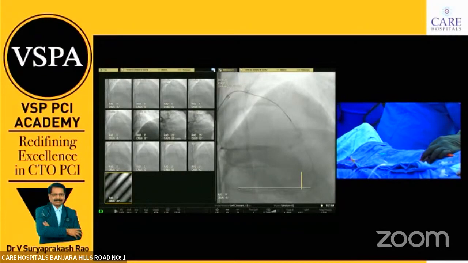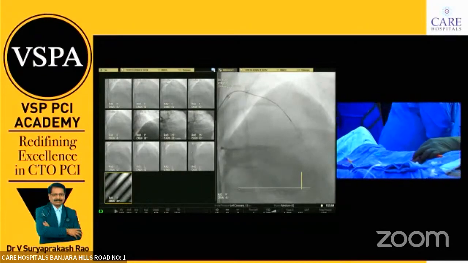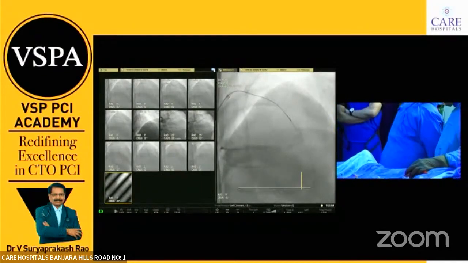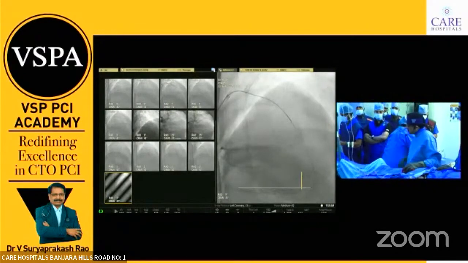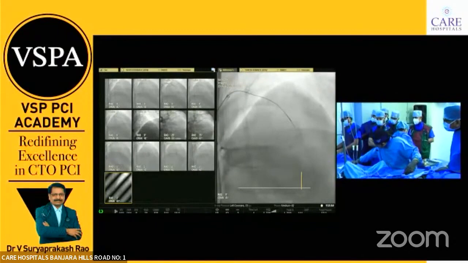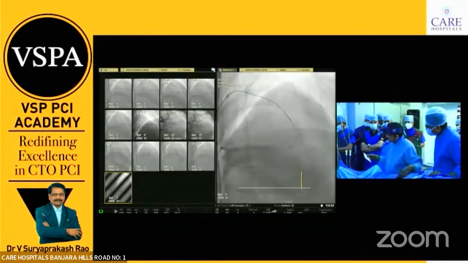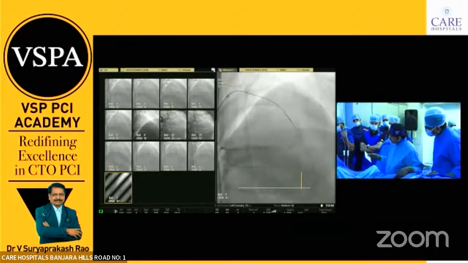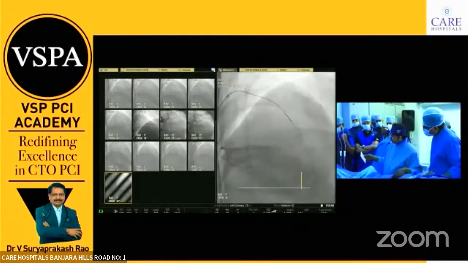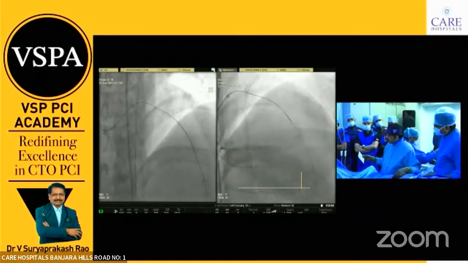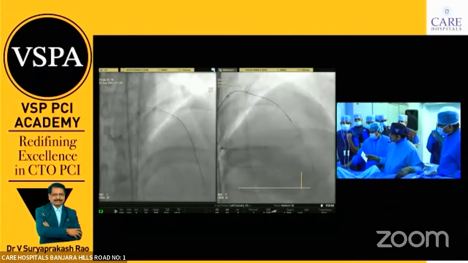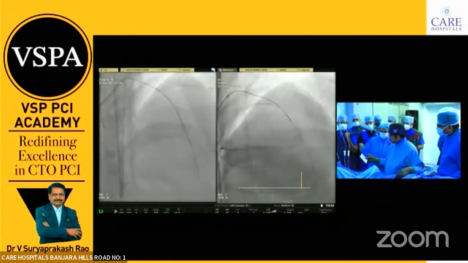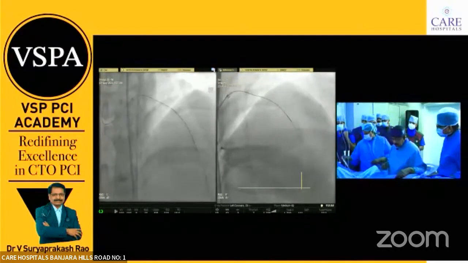If it doesn't go, we'll go for a low profile one. This balloon is from Spectranetics and used in many CTO cases. The nominal is 10 atmospheres. It is available in 0.75, 1, 1.25, 1.5, and 2. And the burst pressure is around 20. So that is the advantage of this one of the CTO balloons.